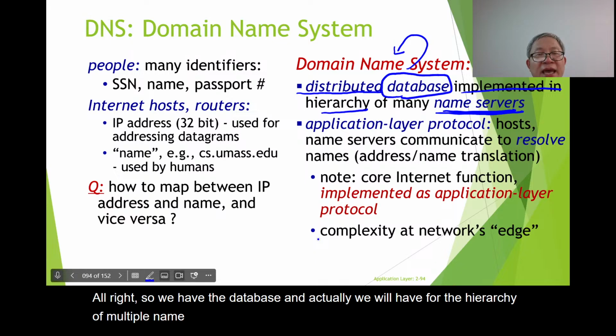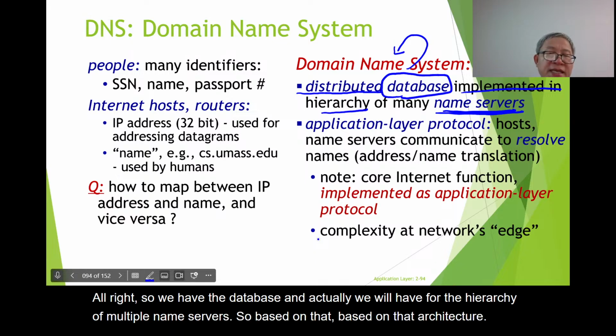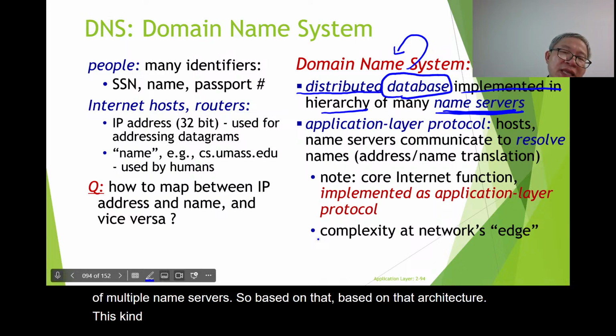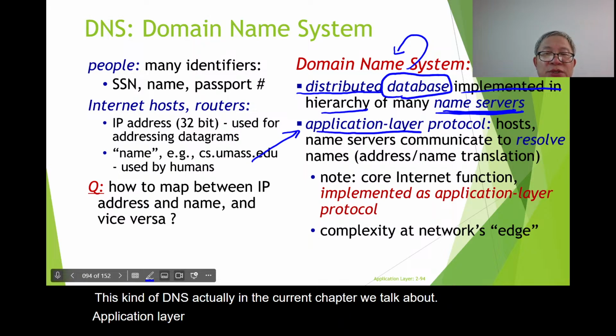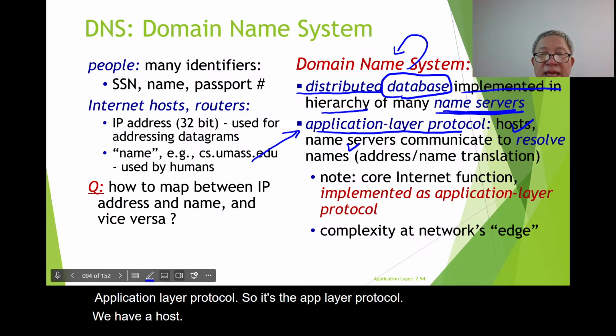So based on that architecture, this DNS in the current chapter, we talk about application layer protocol. So it's the app layer protocol. We have a host. We have a name server.